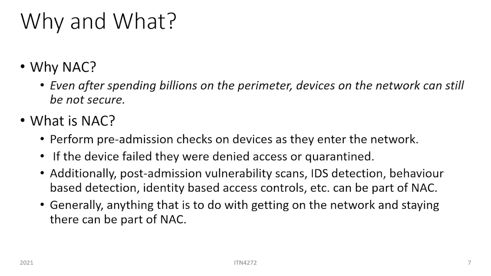So the idea behind network access control is that we will do checking before allowing devices to join a network. That is, we will perform pre-admission checks when devices are connecting to the network. When they are attached to the network, when the network connection is established, at that point we will perform these checks.